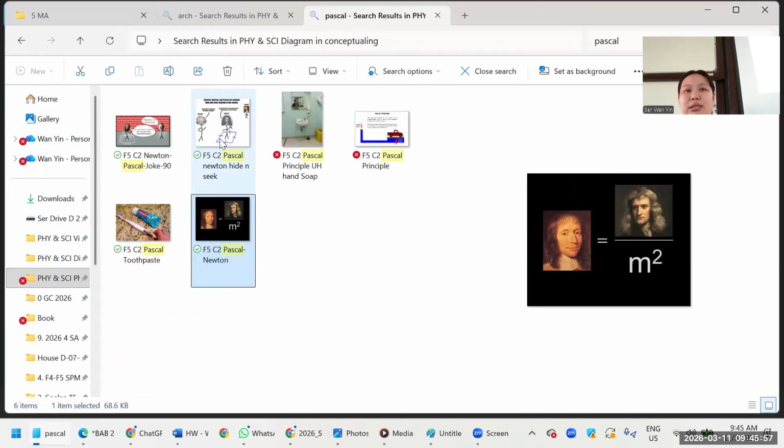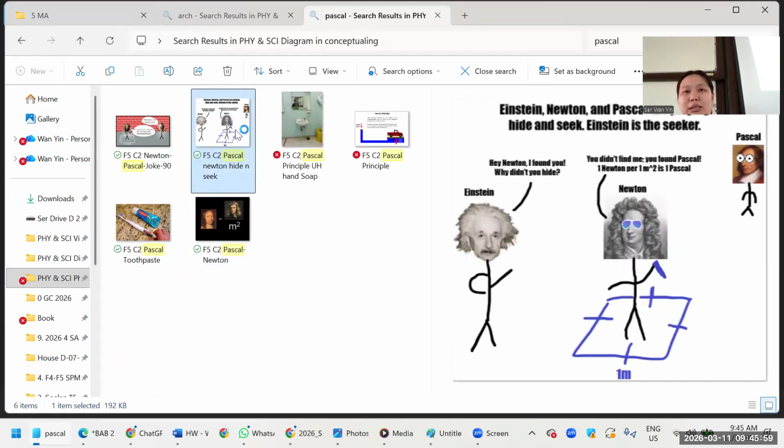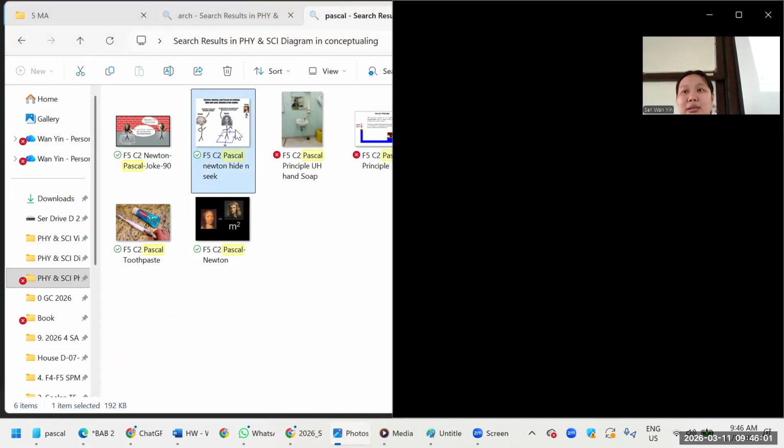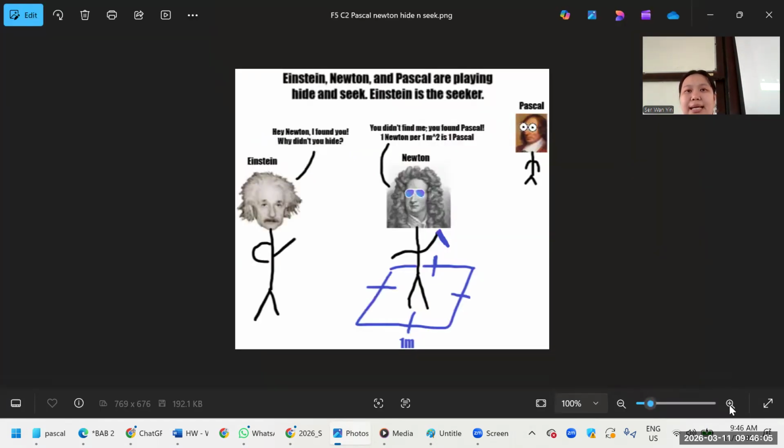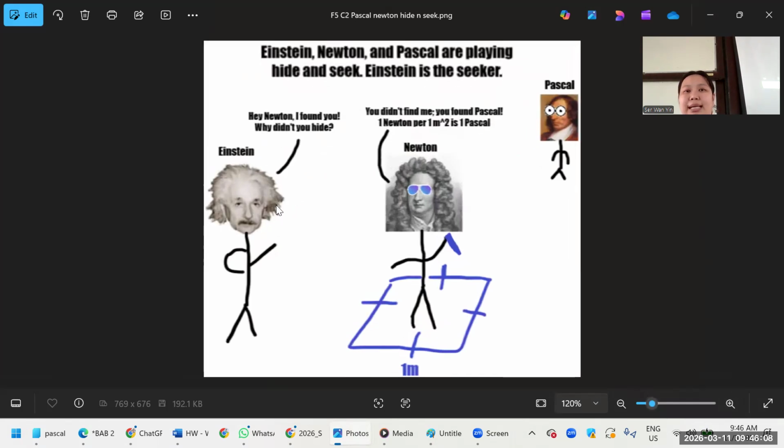So come to a story. One day they are playing hide and seek. Einstein is the seeker. Then Pascal hides very far away. So Einstein said, "Hi, Newton, why didn't you hide?"